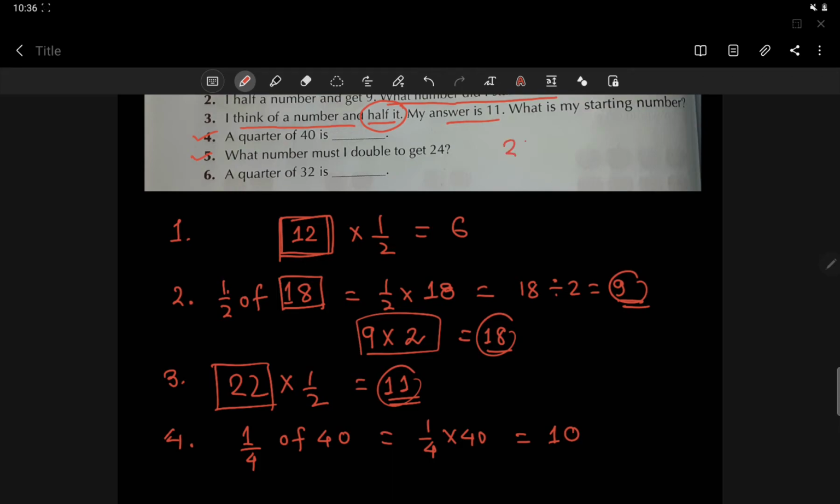That means 24 into half, 24 into half equal to 12. That means if I double 12, I will get 24. Question 6: a quarter of 32 means 32 into 1 by 4. So it is 8. So this is the answer.